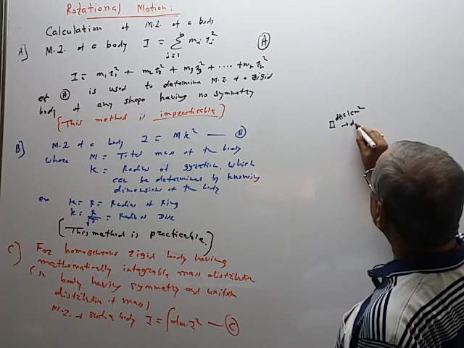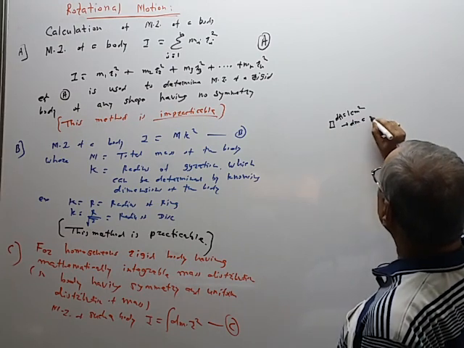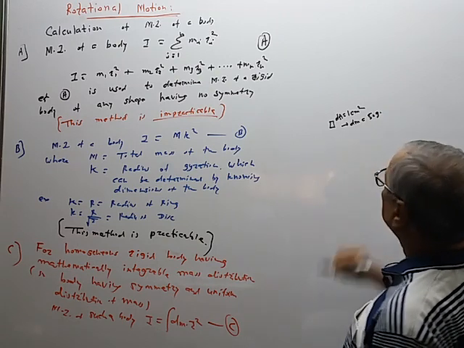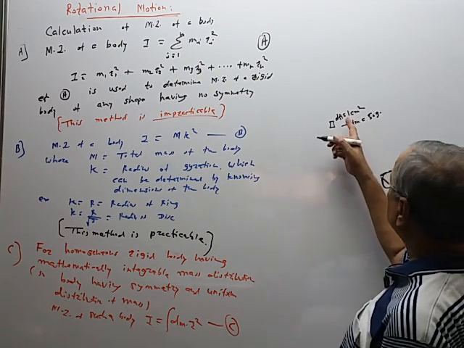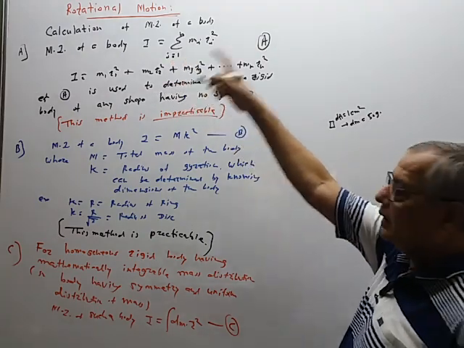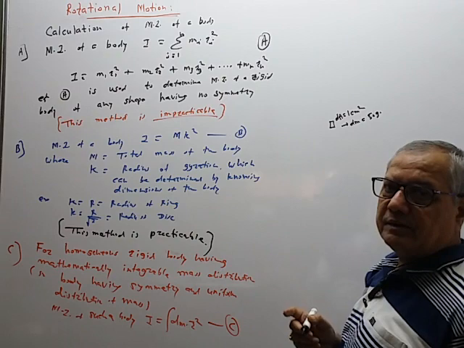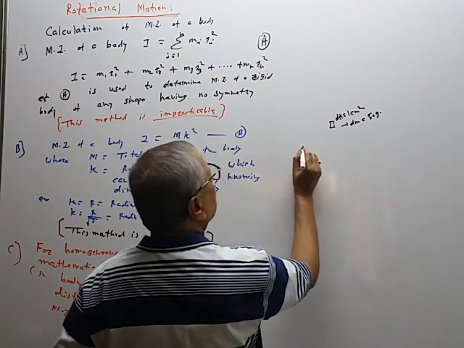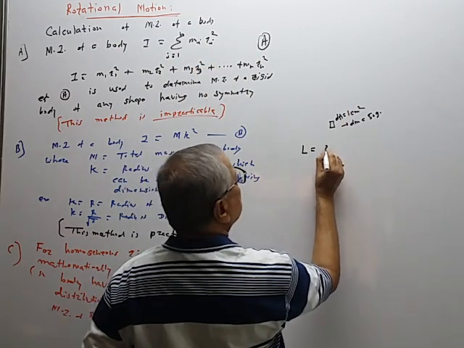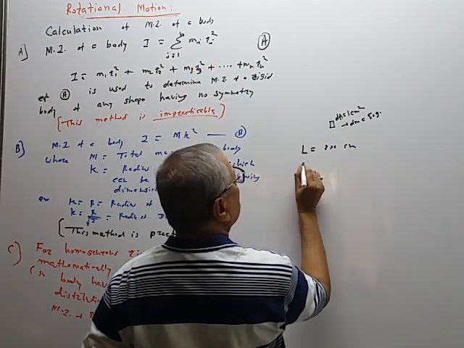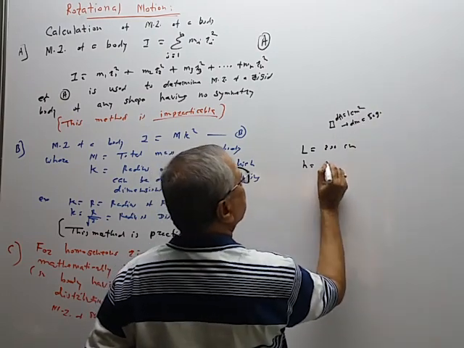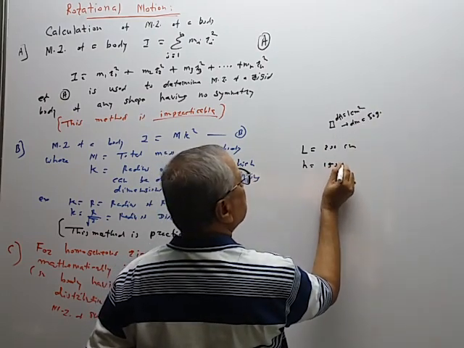Suppose it has mass dm is equal to say 50 gram. Unit area is again used. Now we can measure the length and breadth or height. Length L is equal to say 2 meter, means 200 centimeter. Height h is equal to say 1.5 meter, means 150 centimeter.